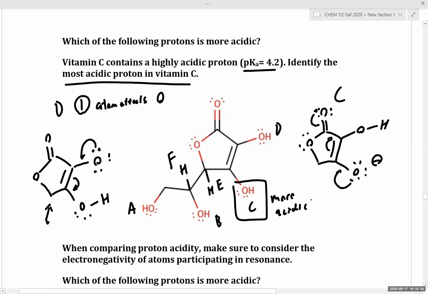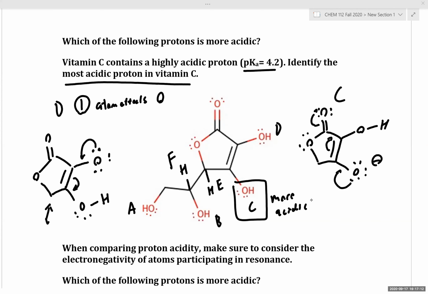Does that make sense to everyone? Does everyone understand why proton C and D are so acidic? So you really need to draw out your structures. We teach resonance structures because they're critical for your analysis of the relative stability of anions and other species. So even though proton D is closer to our carbonyl, it's not able to actually delocalize its electron density into the carbonyl via resonance.